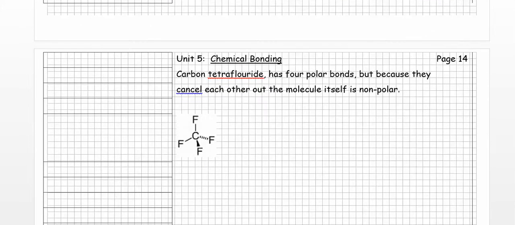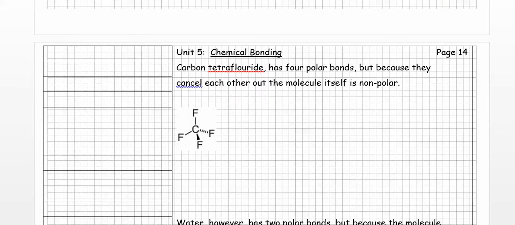Let's talk a little bit about carbon tetrafluoride. This one has 4 bonds. Now this is another example of a situation in which each of the bonds is polar, but the entire thing is nonpolar. It's really going to require that you get out the styrofoam spheres and the toothpicks to convince yourself of this.